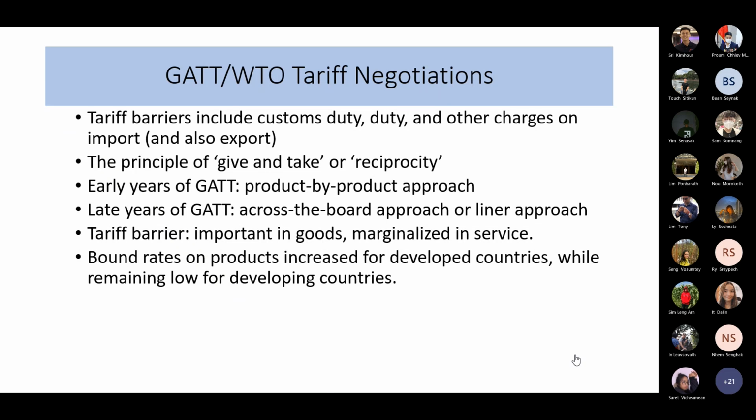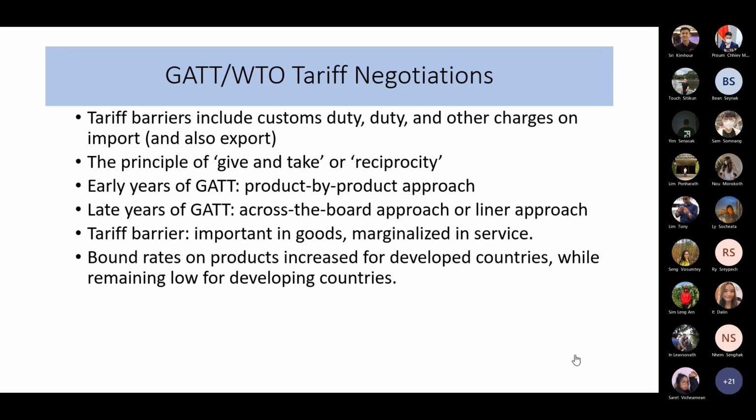Let's say that if you want to impose tariff on mango imported into the country, the bound rate for mango will be 20%. So 20% is the bound rate, the maximum level. In actuality, you can apply 1% to 20%, because 20% is the bound rate.